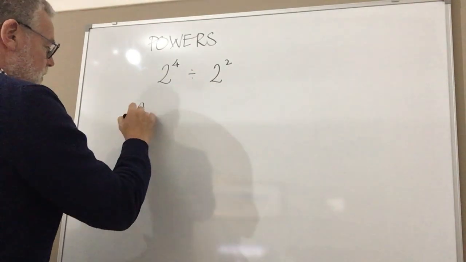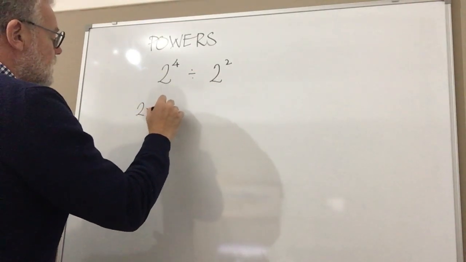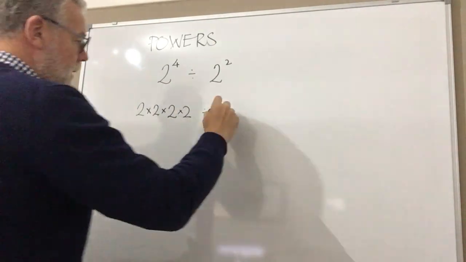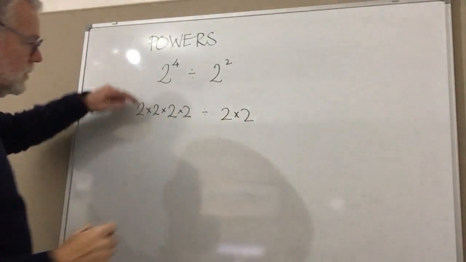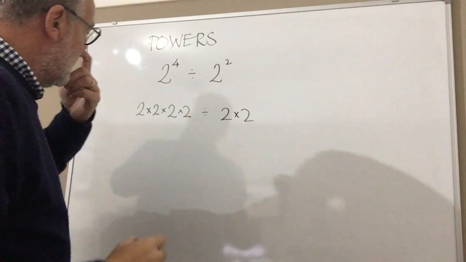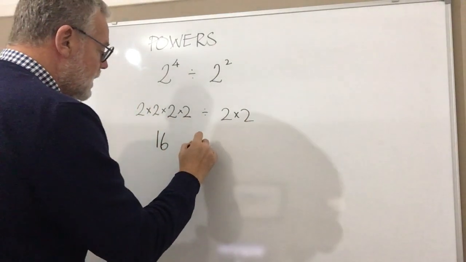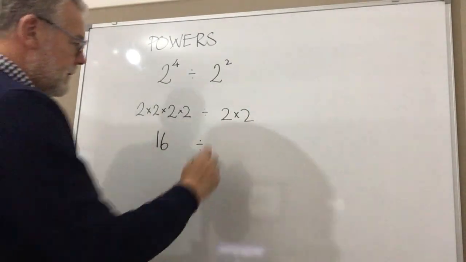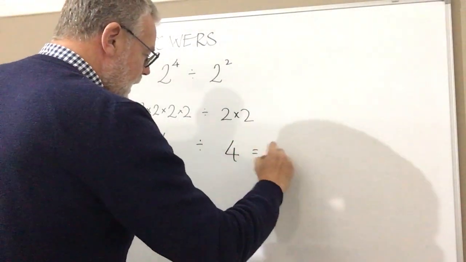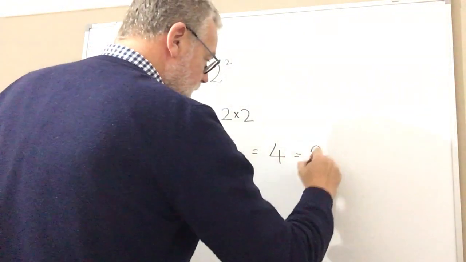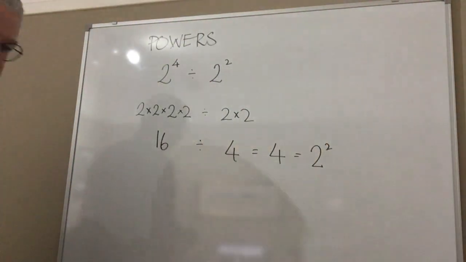So we've got 2 times 2 times 2 times 2. This time we're dividing by 2 times 2. So there's 2 to the power 4 and there's 2 squared. So 2 2s are 4, 2 4s are 8, it gives us 16 divided by 4, and our answer is 4. Now we know that 4 can be written as 2 squared.